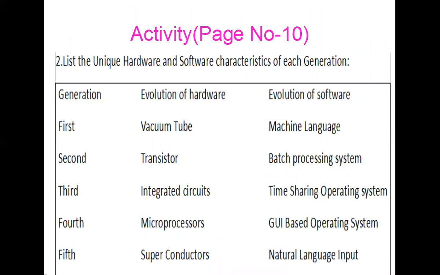Third generation: integrated circuit, software time sharing operating system. Fourth generation: hardware microprocessor, software GUI, graphical user interface, operating system. And fifth generation: hardware superconductor, software natural language input.